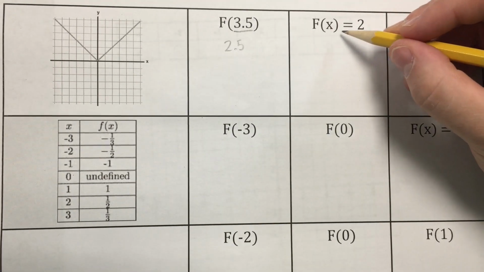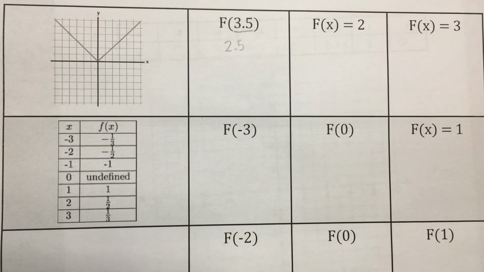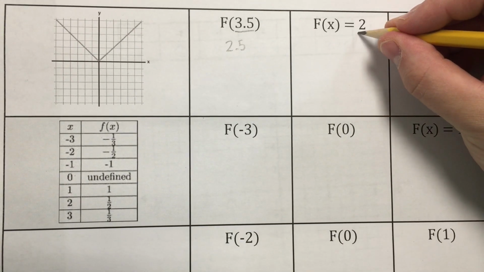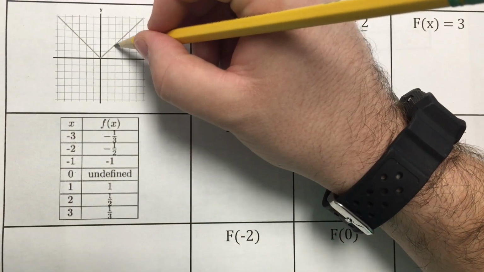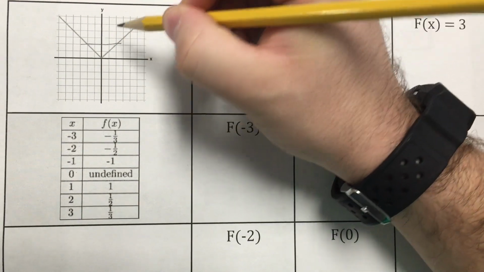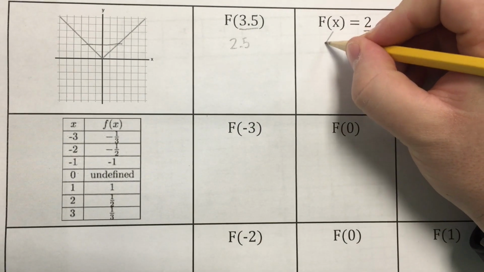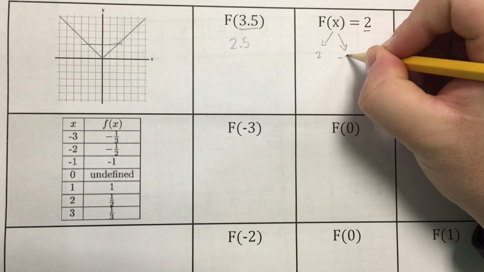For here, if f of x is equal to 2, we're trying to find our x value because this is giving us a y value. Well, when y is 2, we have two different options. x could be 2, or x could be negative 2.